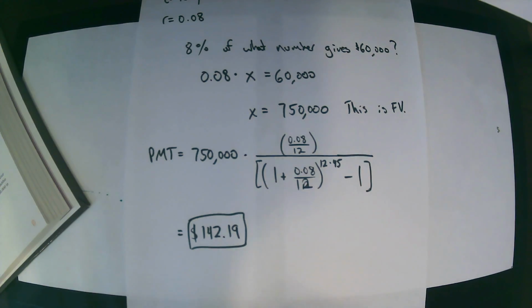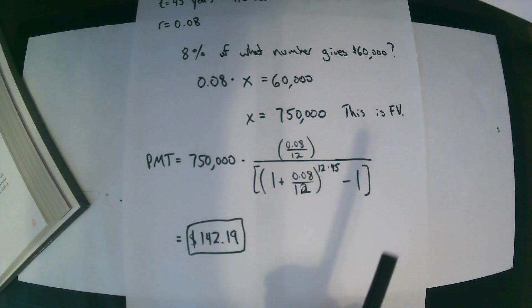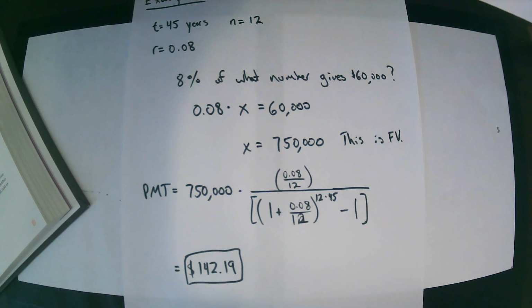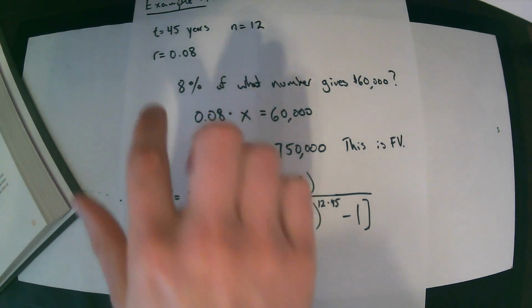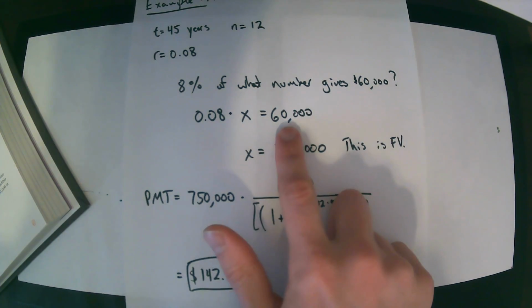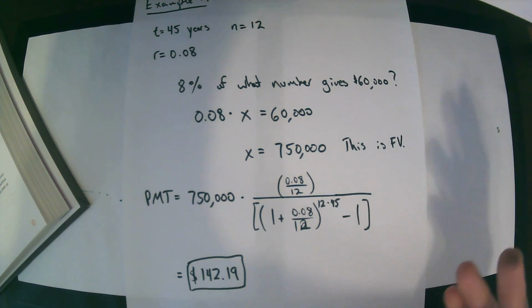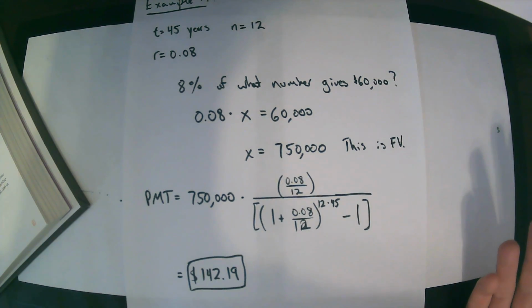So if you were able to, once you get a good paying job, put away $150 per month with a savings account of 8% interest, then by the time you retire, you're going to be able to live off the interest fairly comfortably, assuming that in 40 to 50 years, $60,000 is still an appropriate amount of money to live off of comfortably.